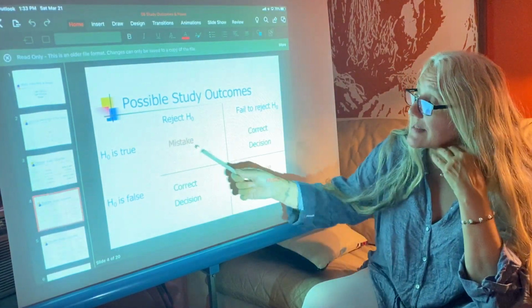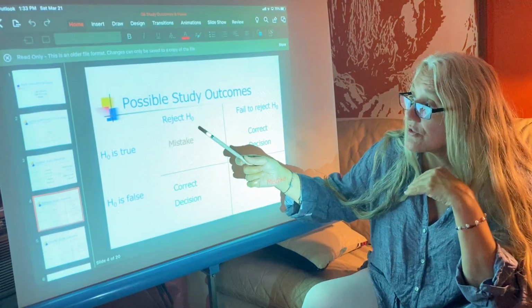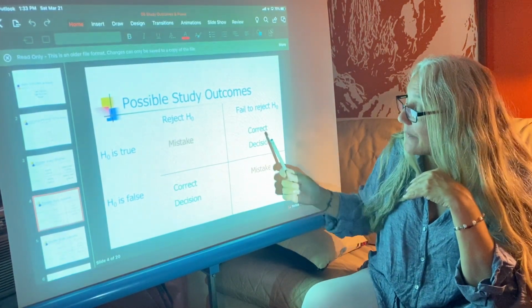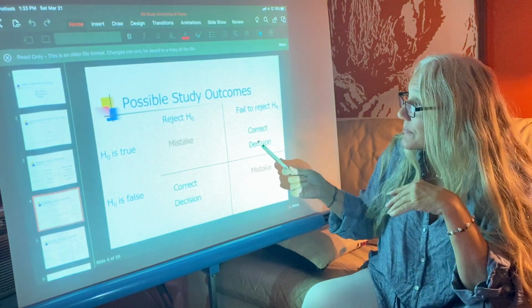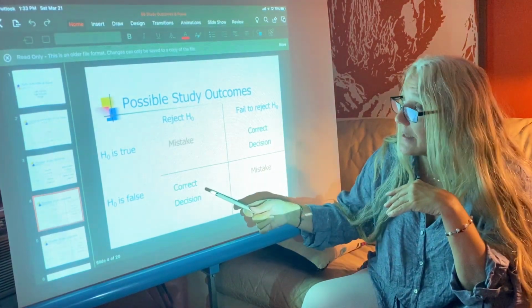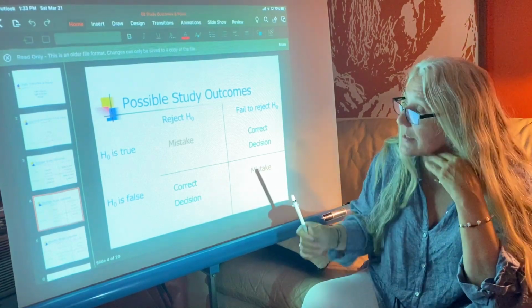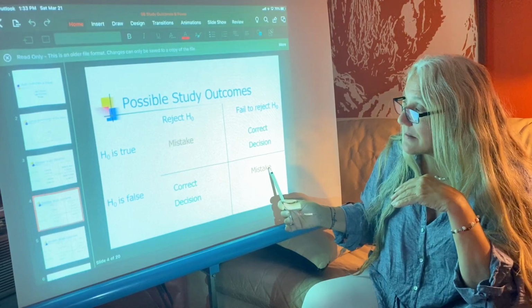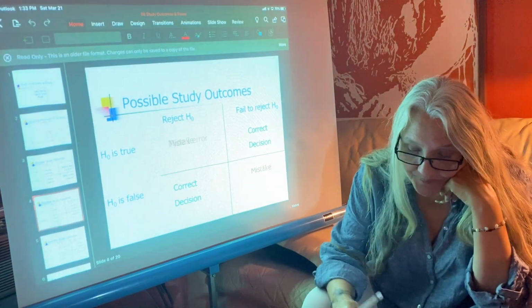We have two ways to make a mistake. We can reject a true null, or we can fail to reject a false null. And we have two ways to make a correct decision. We can fail to reject a null that is true, and we can reject a null that is false. And we're going to talk about the probabilities of these mistakes and how to keep from making them.